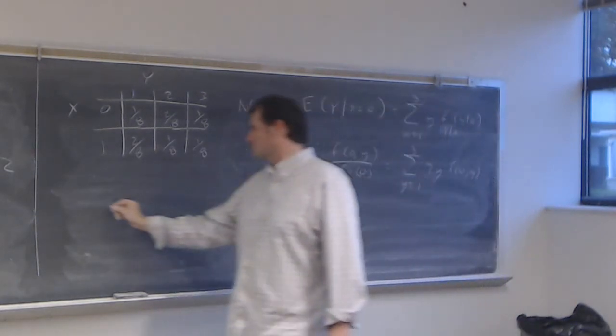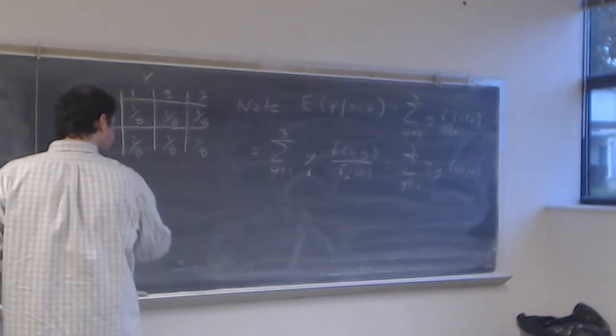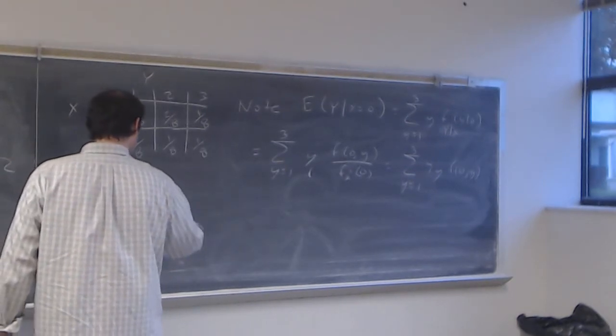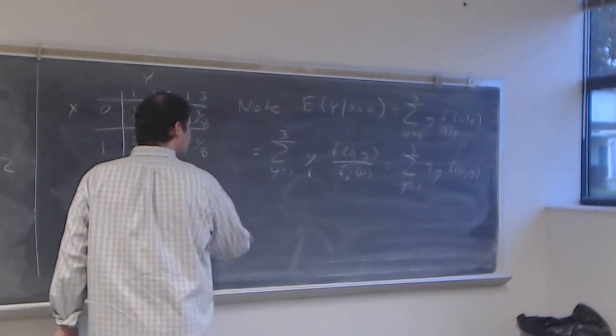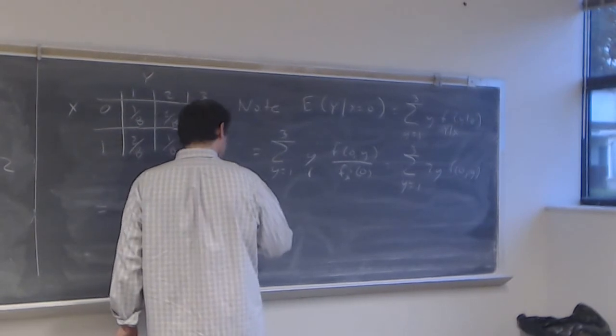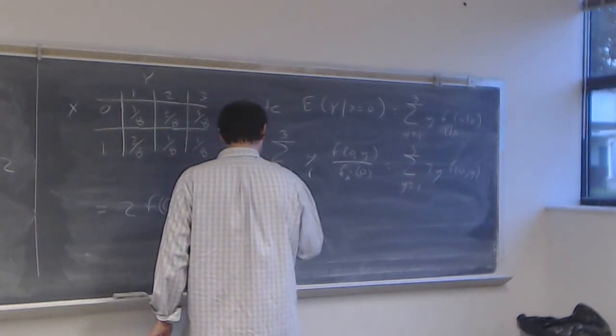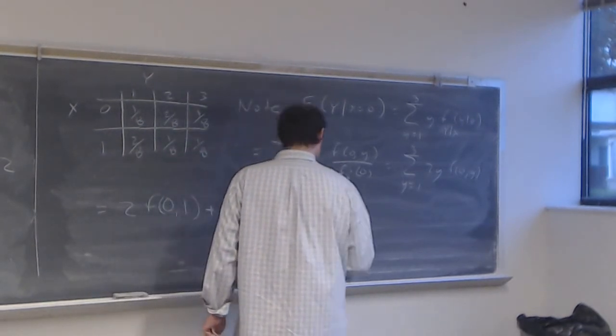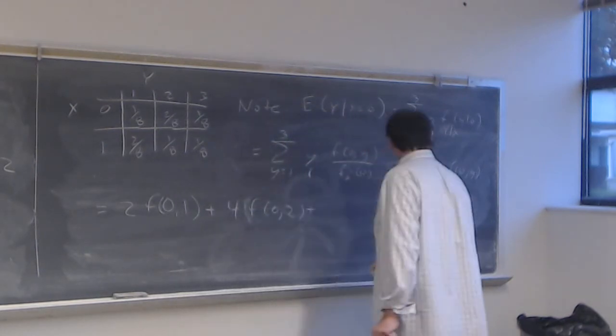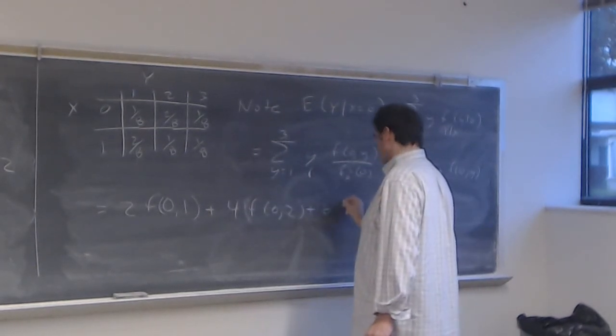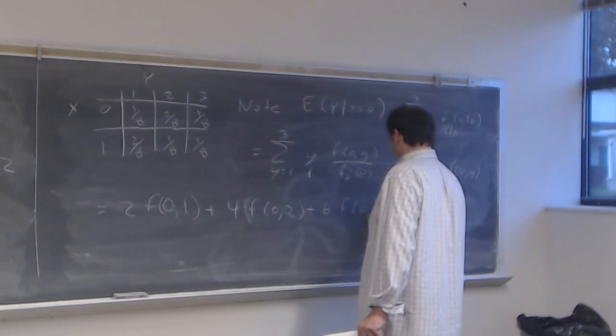Now, that's going to be equal to 2 times f of 0, 1, plus 4 times f of 0, 2, plus 6 times f of 0, 3.